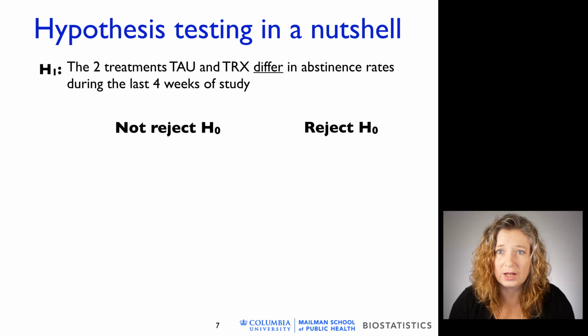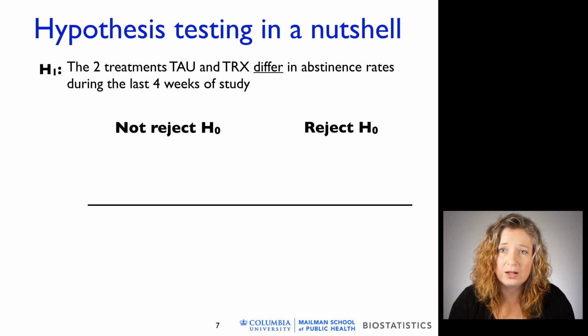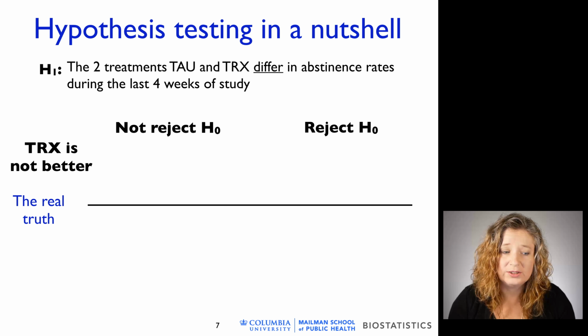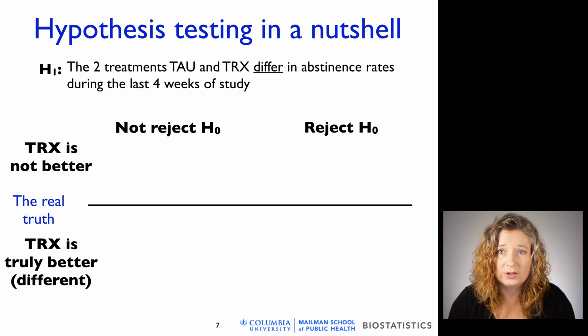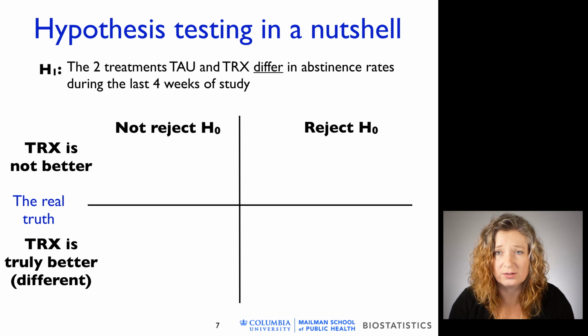However, the reality can be different, and the reality has two options also. In reality, the TRX might not be better than TAU, or the TRX might be truly better, different than TAU. So in considering the reality and the results of the hypothesis test, we have actually 4 potential options that can happen.